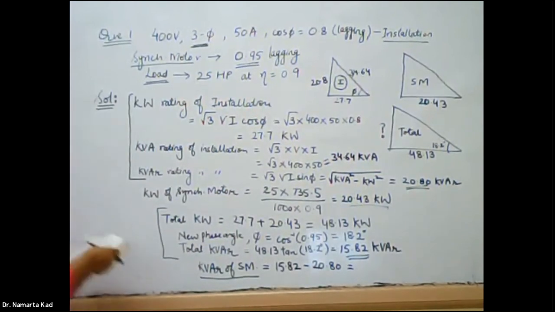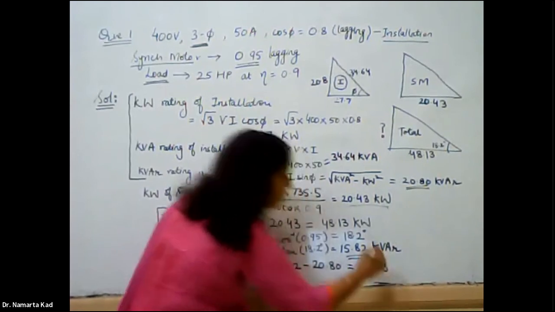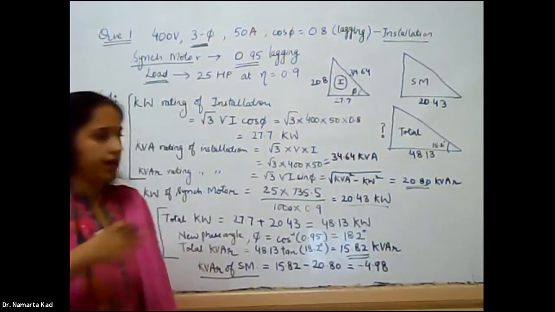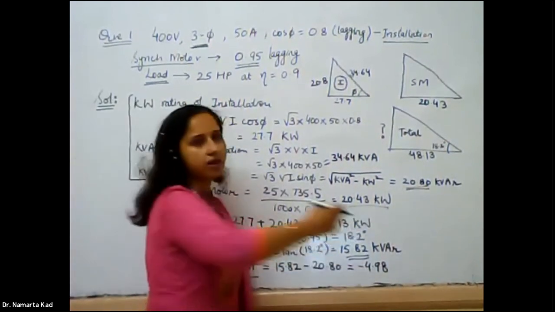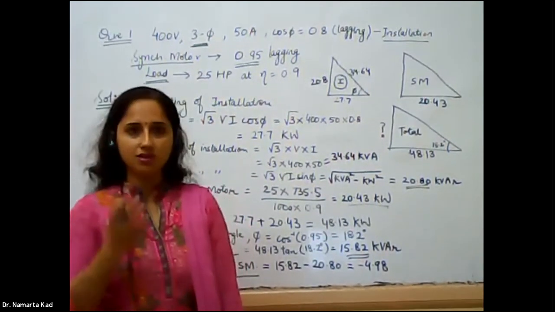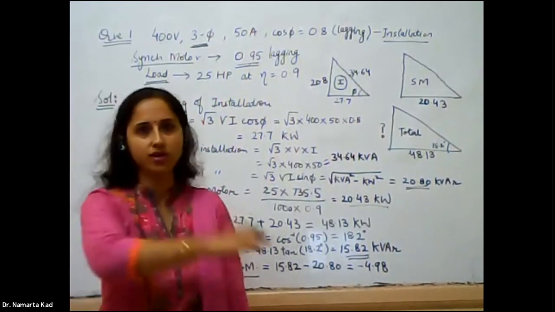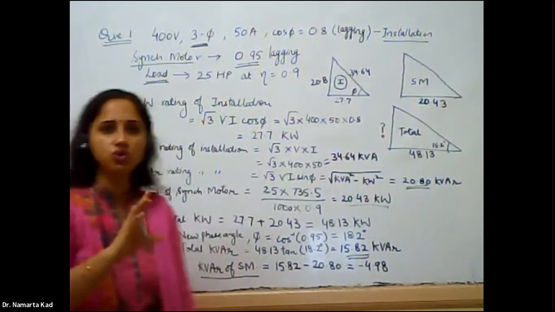So this gives you minus 4.98. And one thing here, what does this negative sign represent? It represents the leading nature of the capacitor installation or the synchronous motor installation. So that's why there is the negative sign which shows the leading nature.